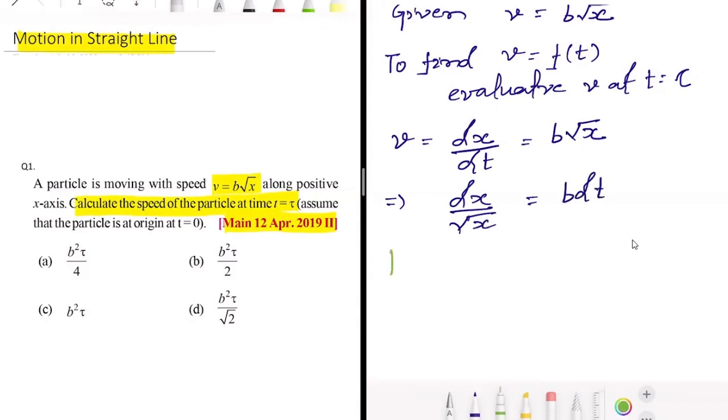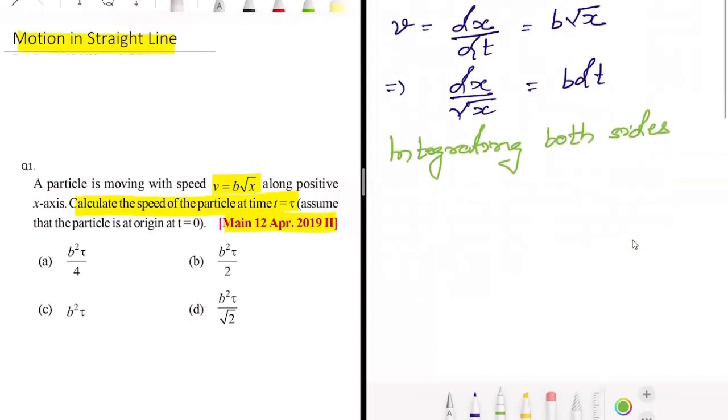Now integrating both sides. Why are we doing integration on both sides? Because this will give us x as a function of t. So what we get here, dx by root x is equal to b dt.